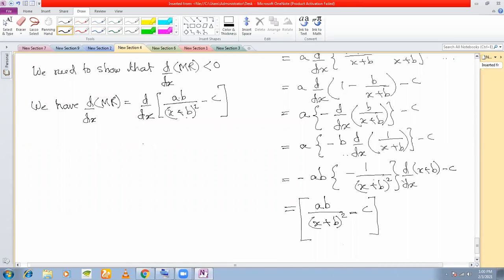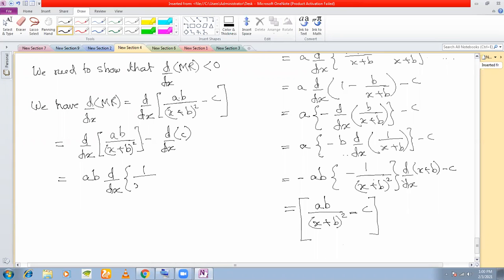This is what we have found, which is equal to d/dx of ab by (x plus b) whole square minus d/dx of c, right? Now ab is a constant, you can take it out of the differentiation. So ab d/dx of 1 by (x plus b) whole square, and d/dx of c is 0.